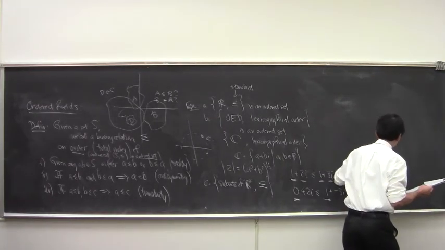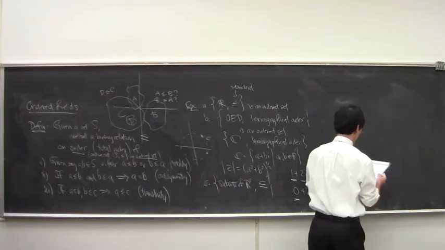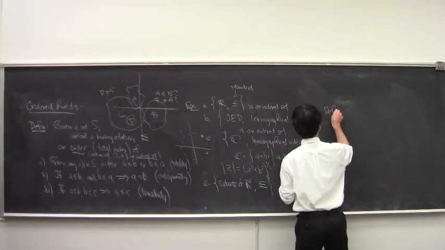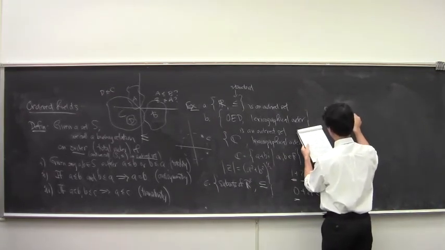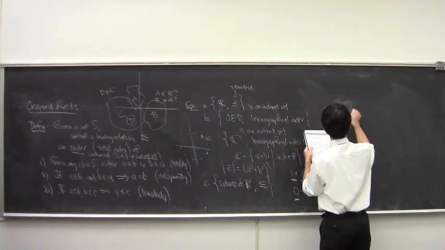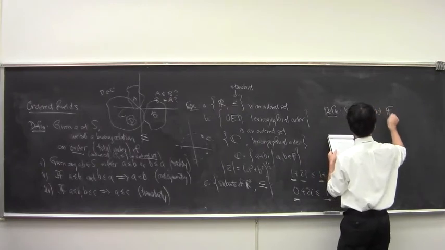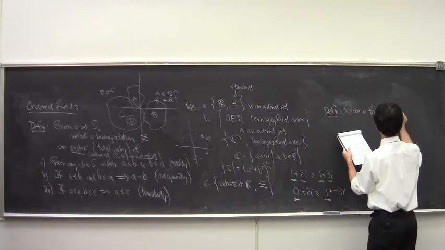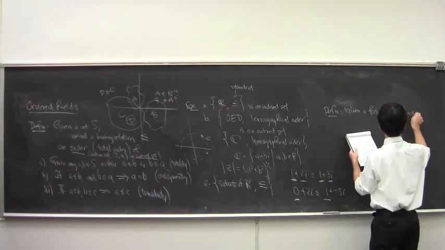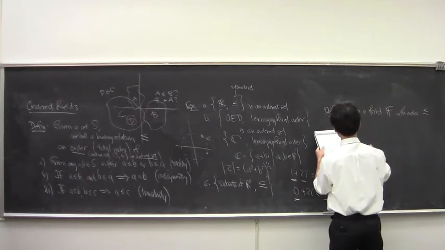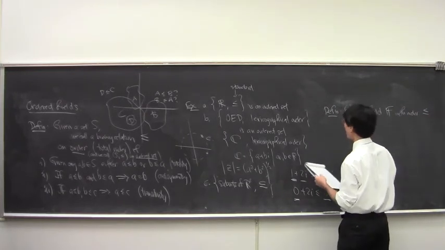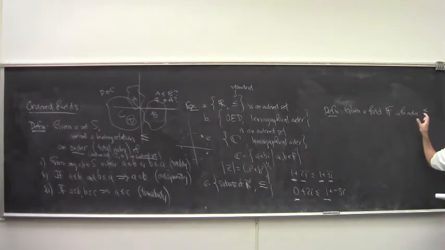And then the notion that's more relevant to us is the following. Given a field F with an order, so you have an ordered set that's also a field.